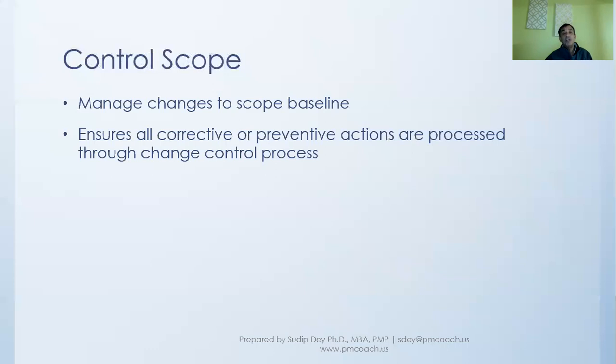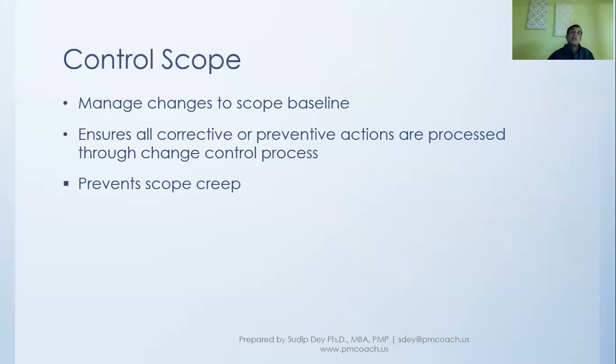What it really means is that all corrective or preventive actions that come about are processed through the change control process. We talked about the process, integrated change control. All the changes we will take through the change control process, and when we do that, we will be able to prevent scope creep. Scope creep is when changes are absorbed by the project without going through the change control process.